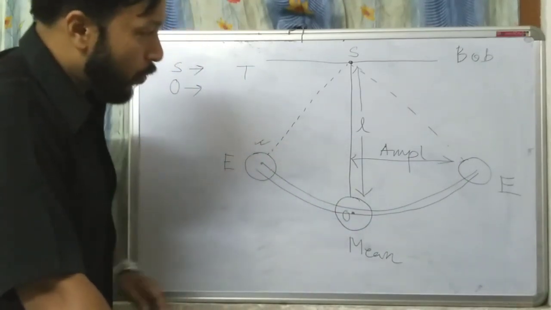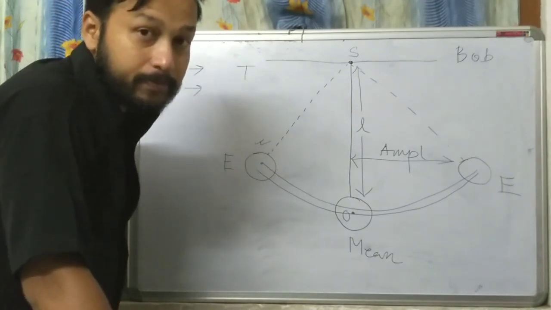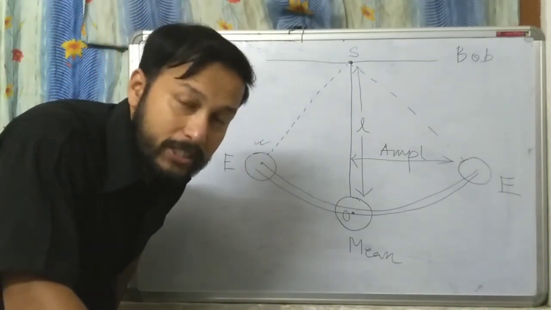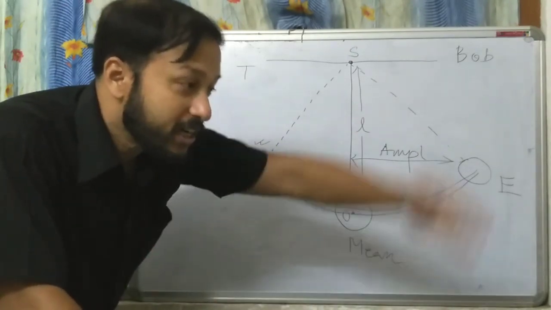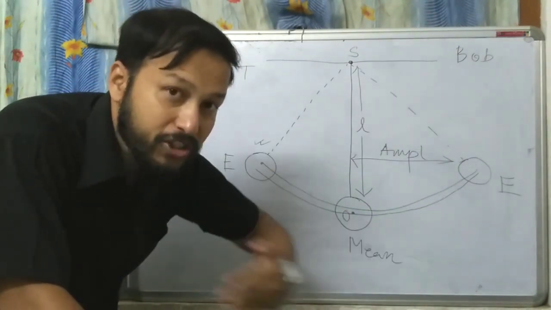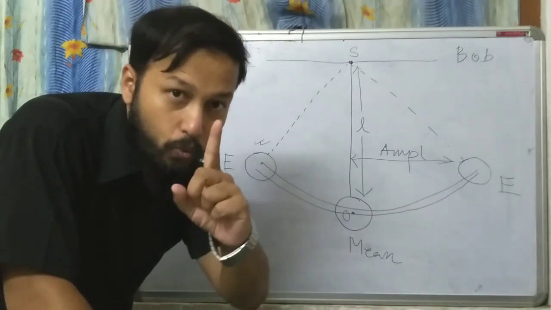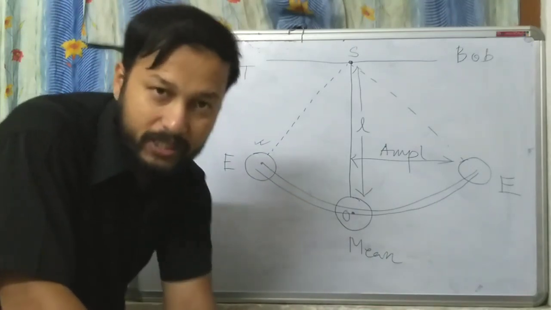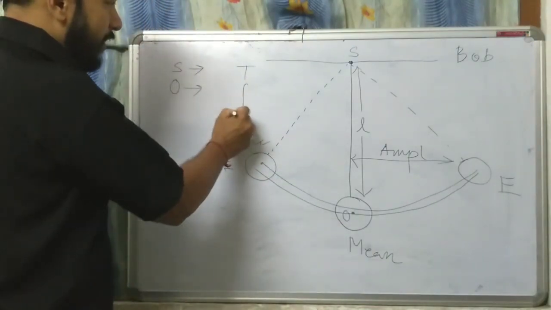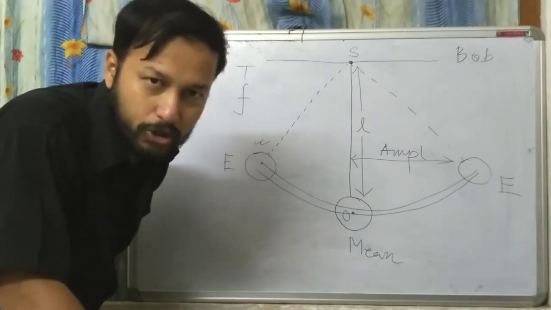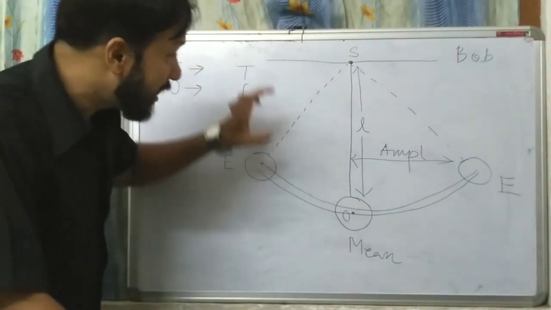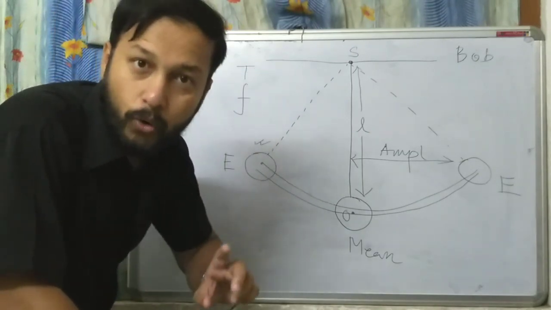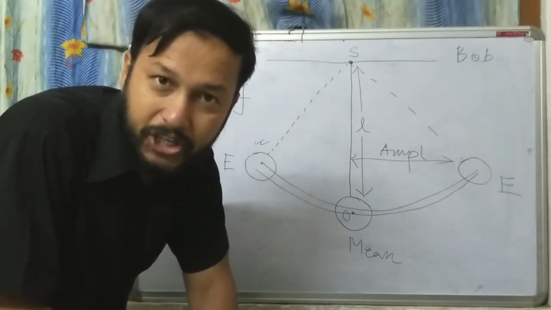Now, the frequency. What is called frequency? Frequency is the number of oscillations it is making in 1 second. Say f is the frequency. T is the time period, f is the frequency. Then there is a relation between them. You have to remember that relation.